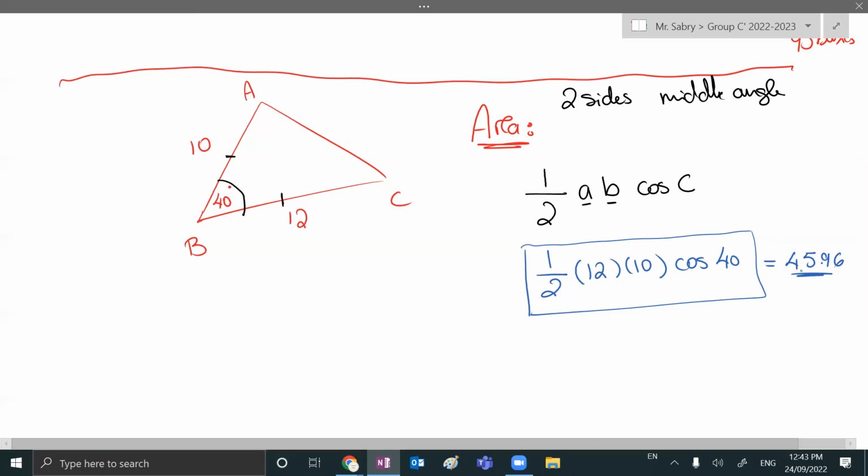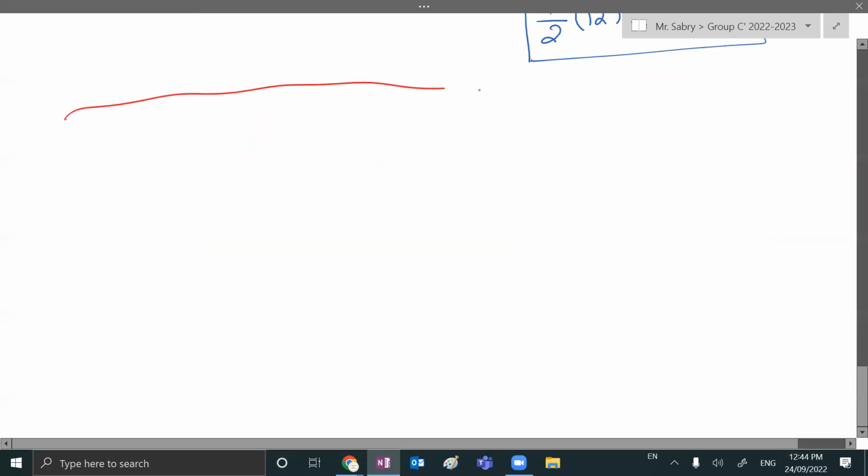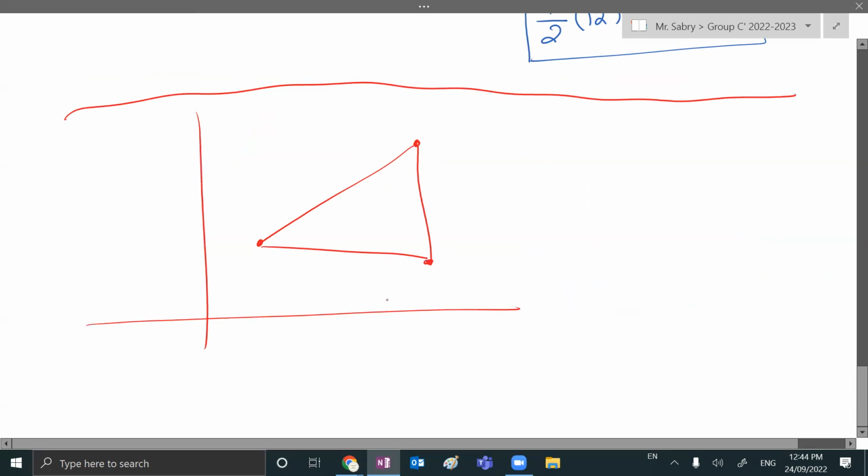What if I do not know the measures of the sides? Like, for example, what if this is a line inside a triangle like this one, and this triangle entirely is graphed on an xy axis.